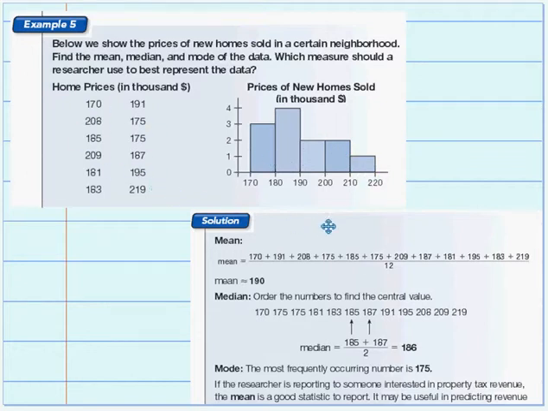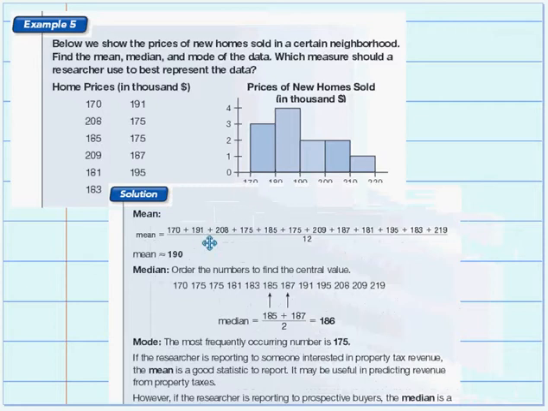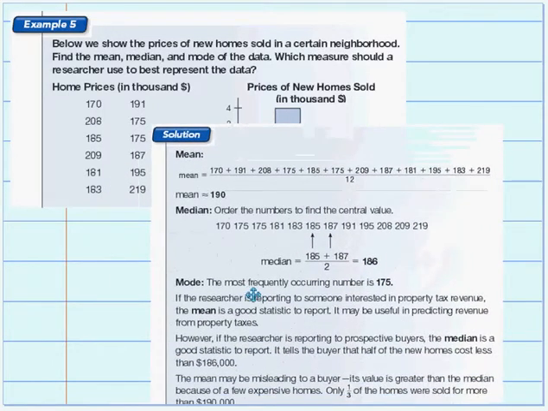If you find the mean, you add them all up and you get approximately 190 after you divide by 12, and that would be $190,000. The median, you put them in order, and here's a good example where we had to average 2 numbers. So the median would be 186,000. And then the mode, the most frequently occurring number, is 175, which would be $175,000.